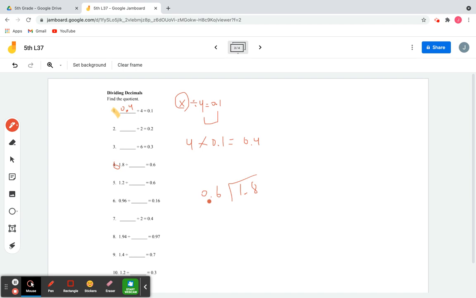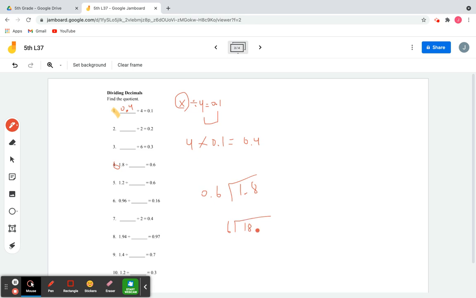And then again, we're dividing the decimals. So we have to see if the divisor is a whole number or not. In order to make this a whole number, we are going to move the decimal point to the right by 1 unit. So it's going to be 6 and then 18.